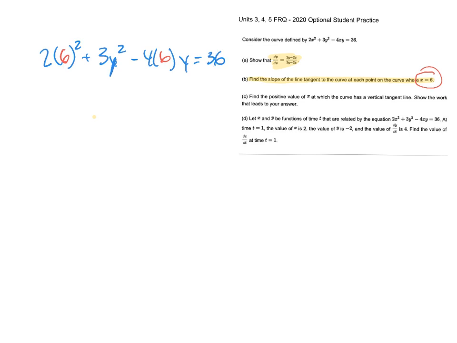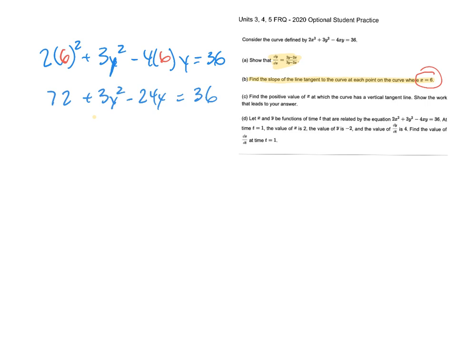And now we'll clean this up a little bit. 36 times 2 is 72, plus 3y squared, minus 24y, equals 36.